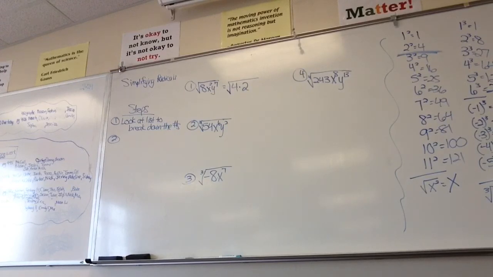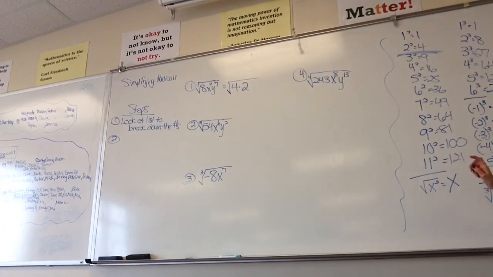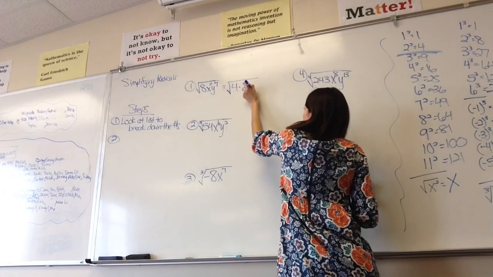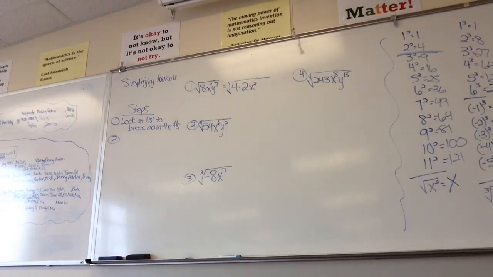No. We're going to break it down. Bear with me. Let me write this down for a second. I'm going to leave x squared for now. I need to break down y to the 7th, but I need to break it down so I have y squareds, because this is the only one I know.